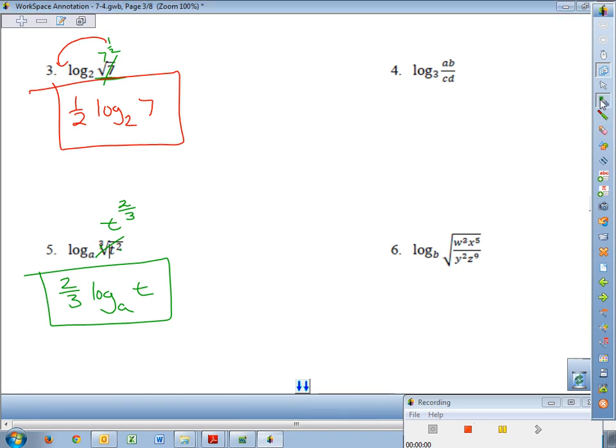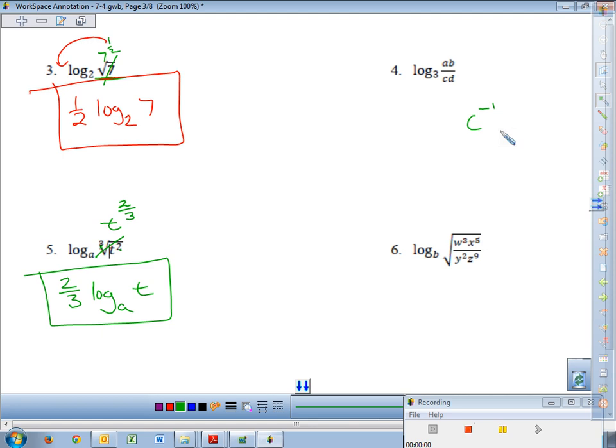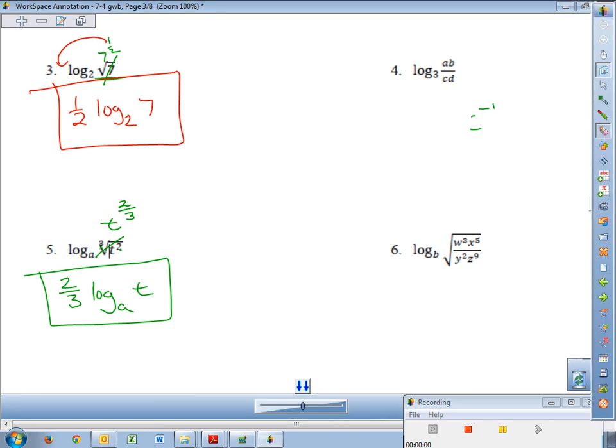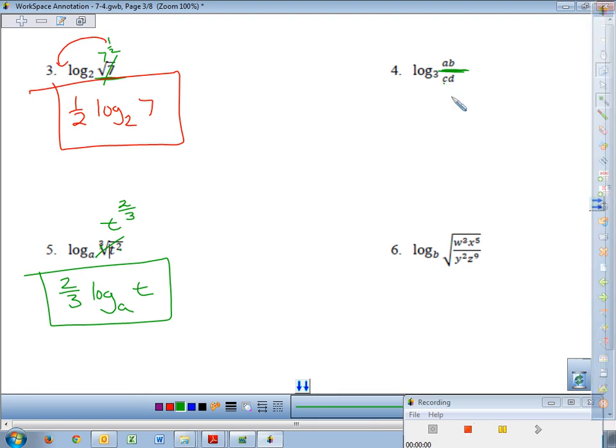Because let me show you why. Doesn't this c really have a negative exponent on it instead? C to the negative first, isn't it really in the denominator? First, let's rewrite a few and then see if I can explain it after we do a few. But the division stuff has to go as subtraction. Isn't the denominator, the c and the d, in the division? Boy, I said that backwards. The denominator is the stuff that you want to subtract away. The numerator is the stuff you want to add to it.